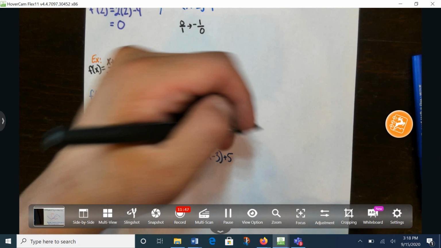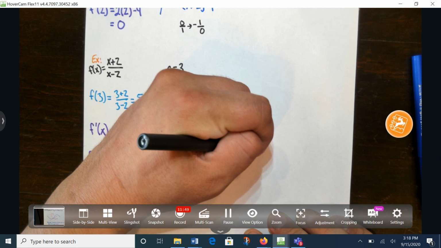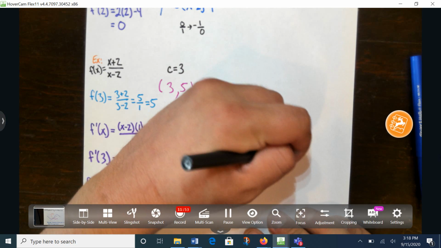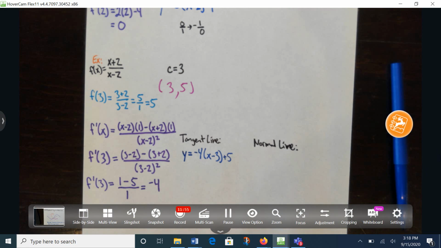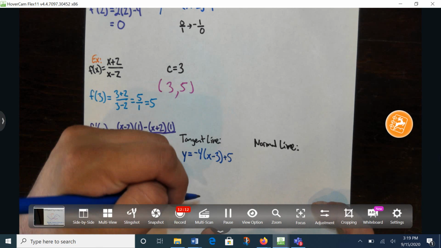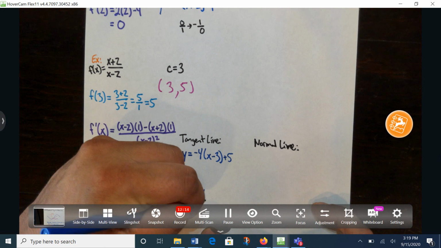Now let's find the equation of our normal line, because we can do that this time. Remember, all we need to do once we have the tangent line is take the opposite sign reciprocal of the slope and then use that as the slope, and we're going to use the same reference point. So we have negative 4, which is really negative 4 over 1.